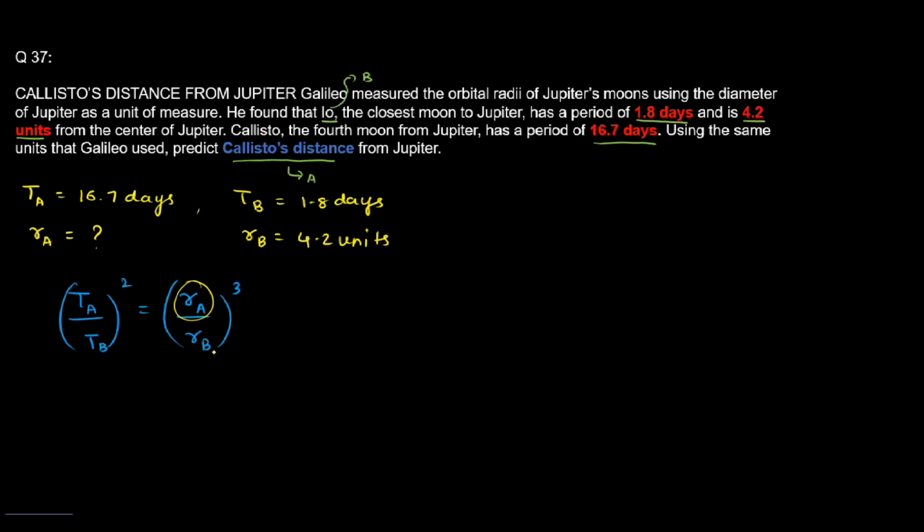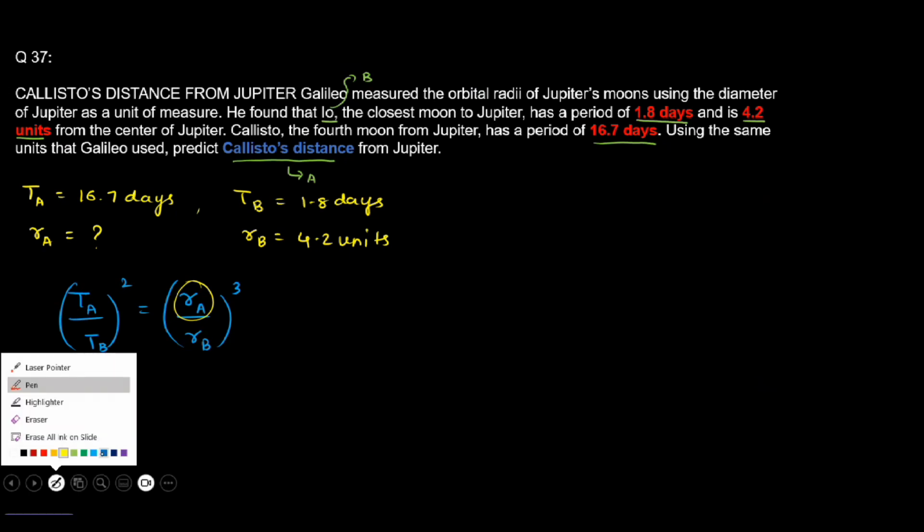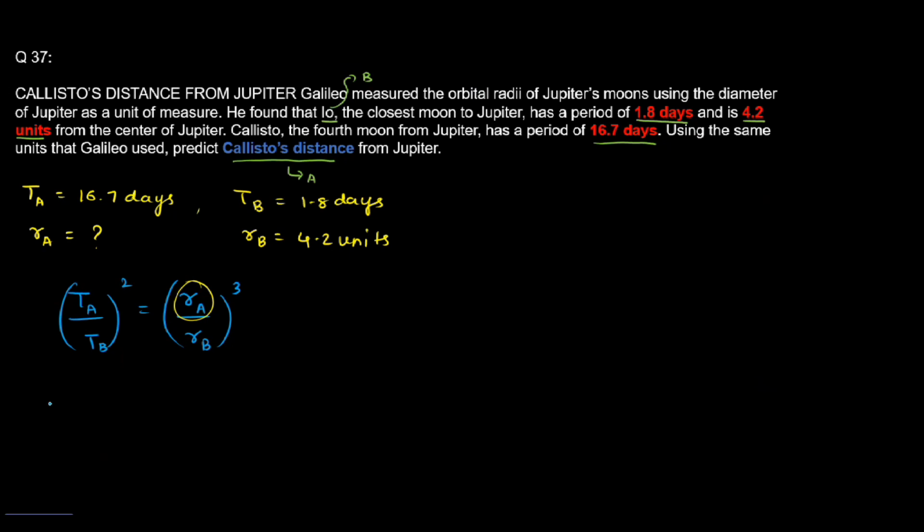And since RB cube is in the denominator here, when I move it to the other side, I need to multiply with it. So we multiply RB cube on both the sides and we get RA cube equals TA over TB squared times RB cube.